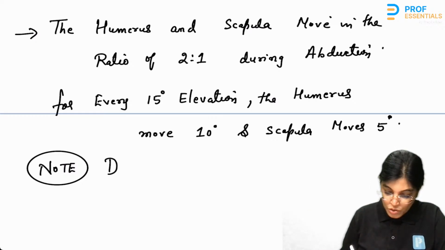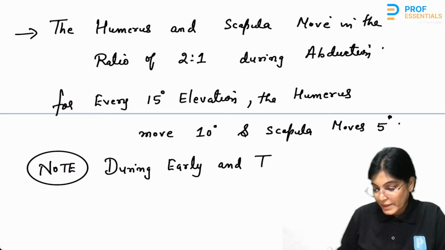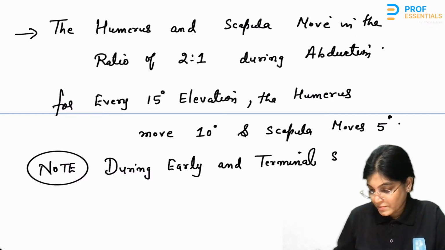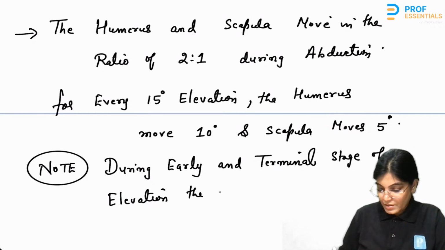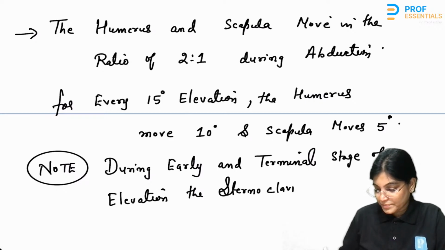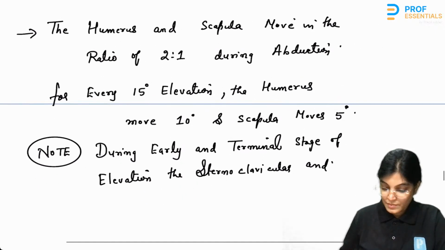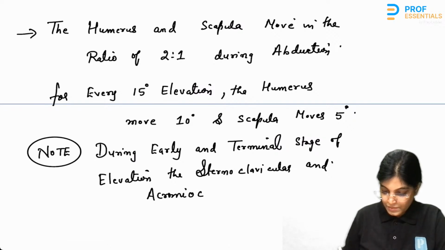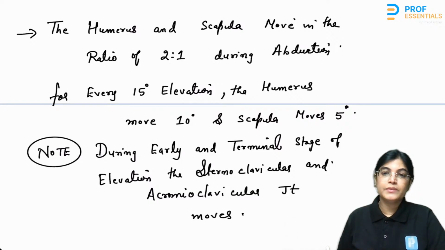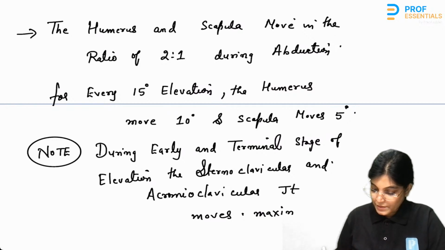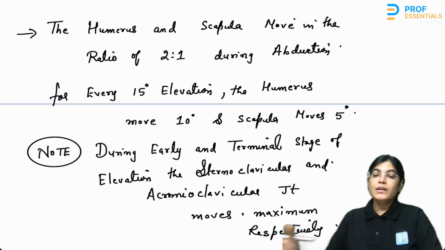So during the early and terminal stages of elevation, the sternoclavicular and acromioclavicular joints move maximally, respectively. That is why we study this together as the shoulder joint complex.